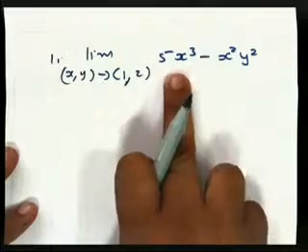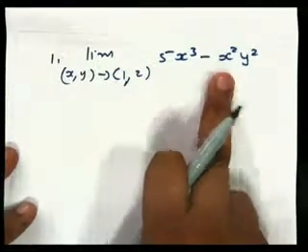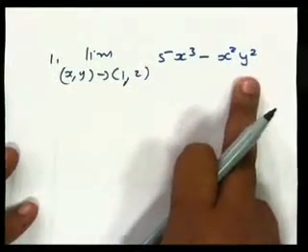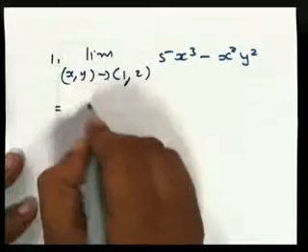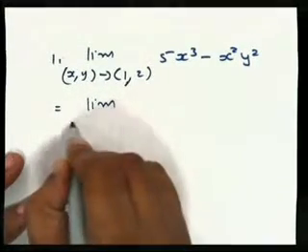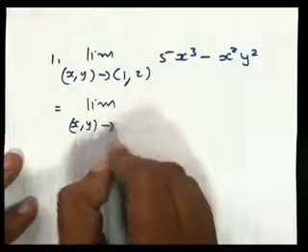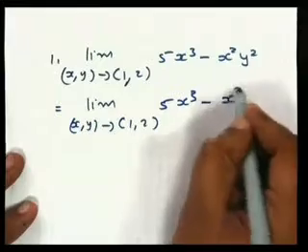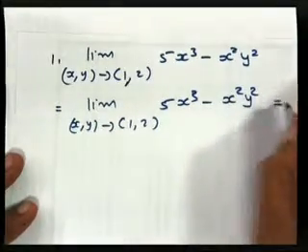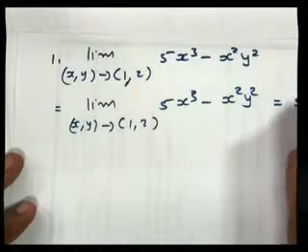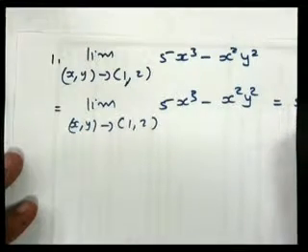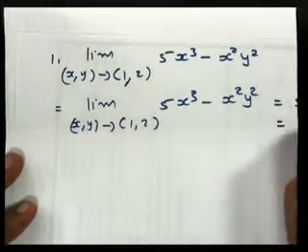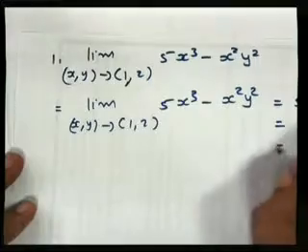You can see this function is a very simple function. If I replace x is equal to 1 and y is equal to 2, there is no problem in the value of this function. So we can find this limit by an easy method: limit as xy tends to 1, 2 of 5x cube minus x square y square is equal to 5 times 1 cube minus 1 square into 2 square. So this is equal to 5 minus 4, and that is equal to 1.